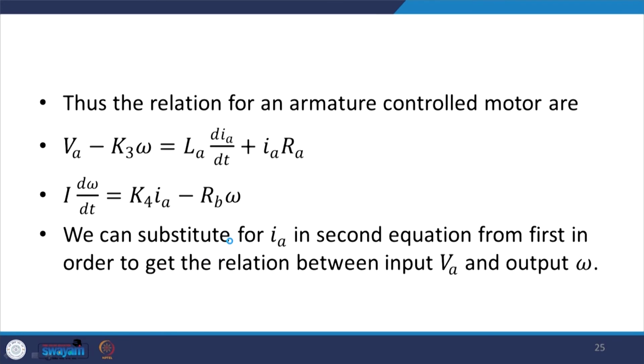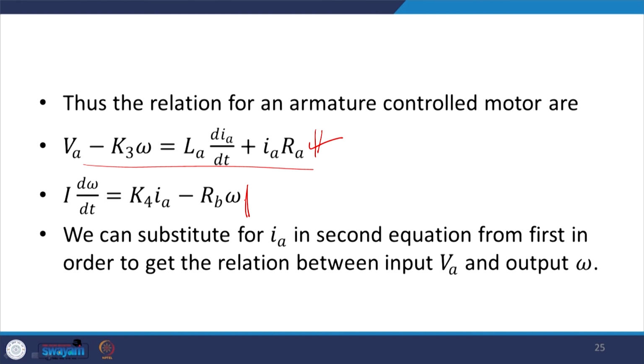Okay. So, in case of the armature controlled motor, we have got two relationships: this relationship, for which we applied Kirchhoff's voltage law for the armature, and this relationship, which we applied for the load. Okay.